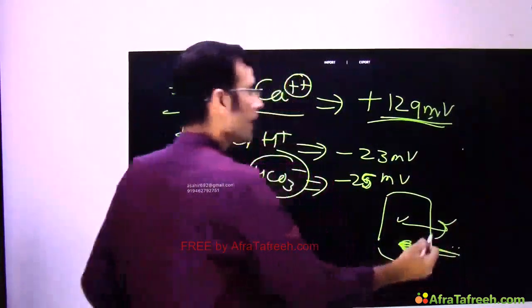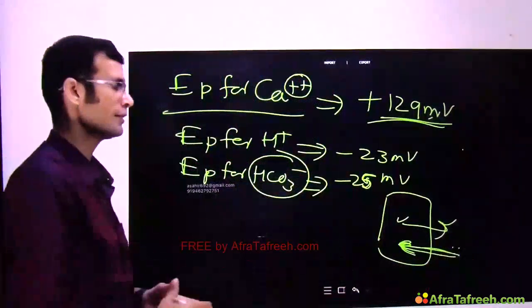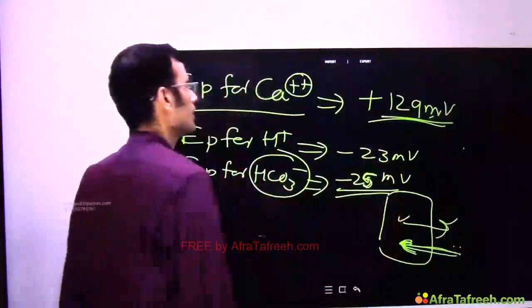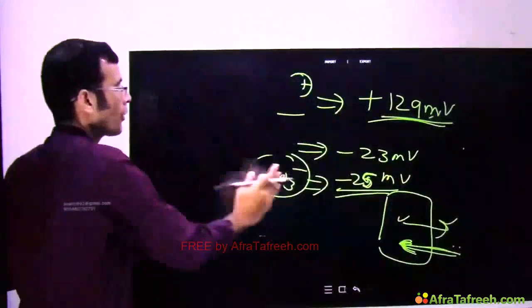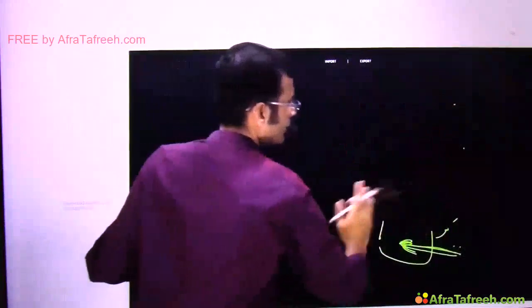So initially bicarbonate will come in and it will bring in the negative charges. So when it reaches equilibrium, the potential on the membrane would be negative. Right, that was the first topic of origin and development of the RMP and equilibrium potentials for various ions.